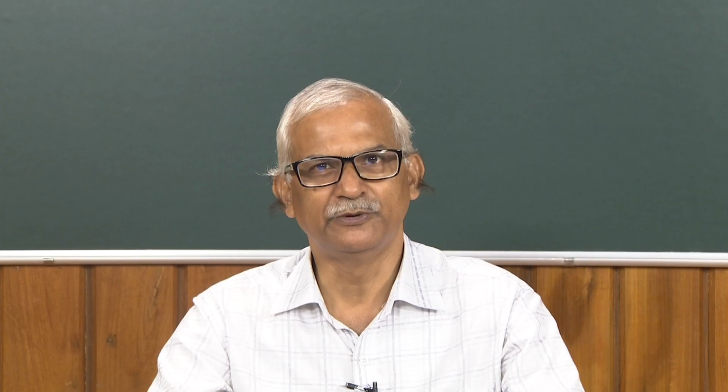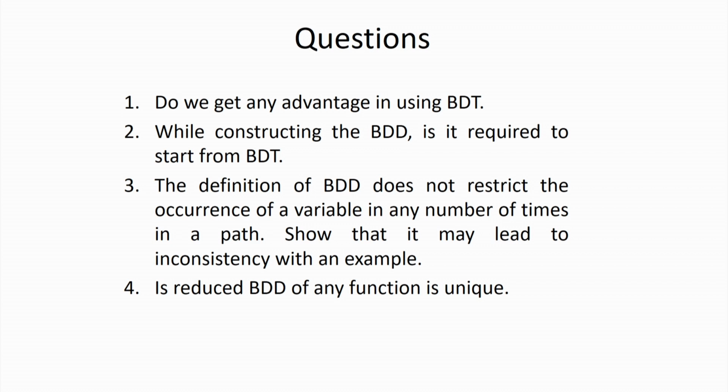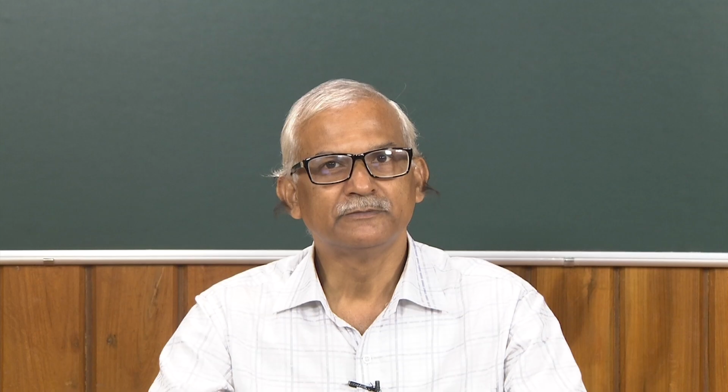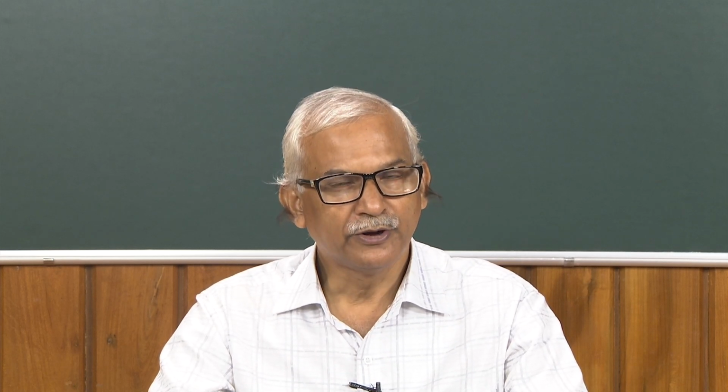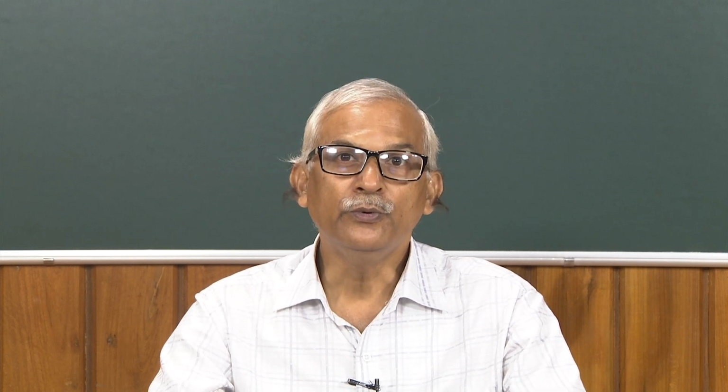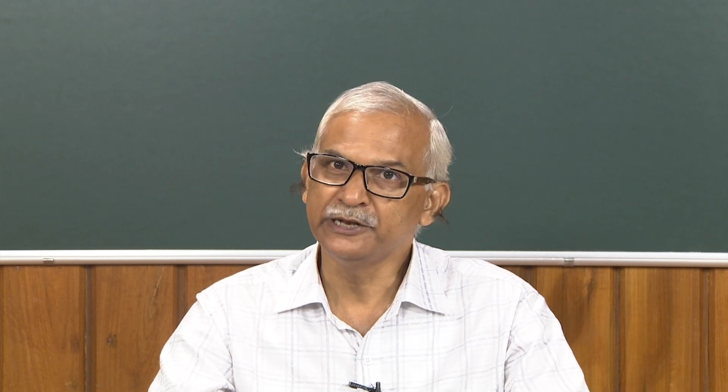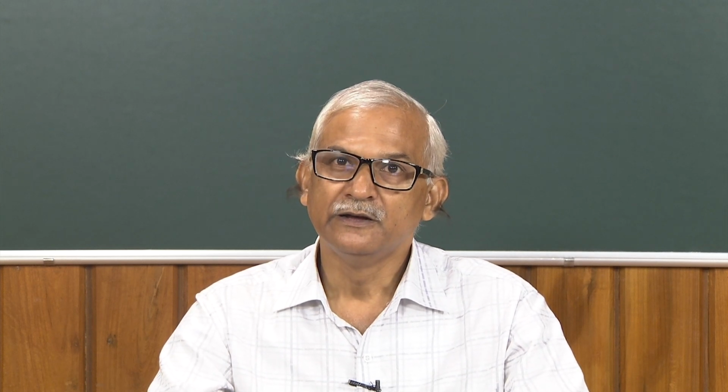I think we have discussed this issue, now we can look into it. Is the reduced BDD of any function unique? The answer is no, because to get uniqueness we have to mention the ordering of the variables. If you change the ordering, we may get a different structure.